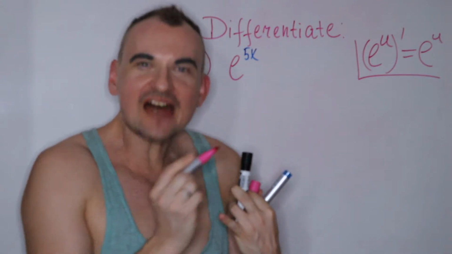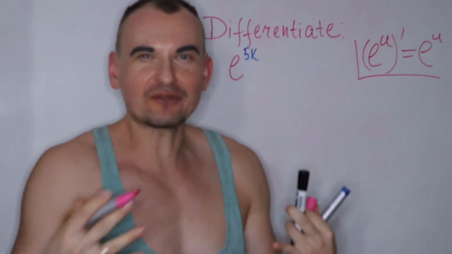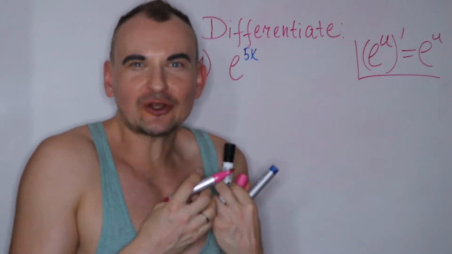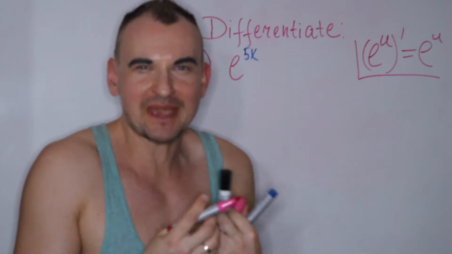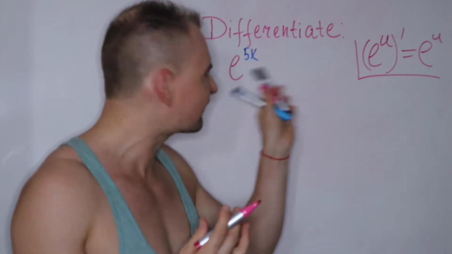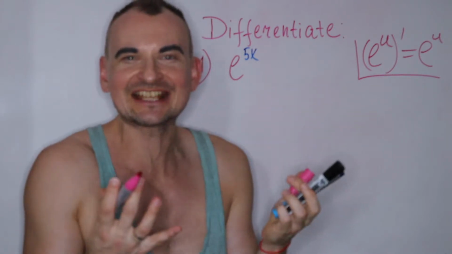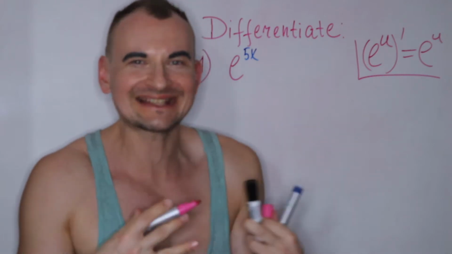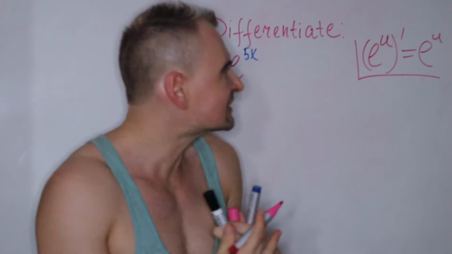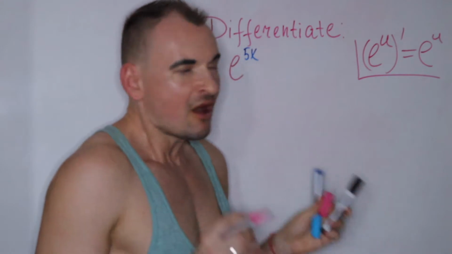It could be another function in terms of x. So it's not only just x. It could be x squared, it could be 5x, it could be 10x, it could be a more complex and complicated function. That's why I'm using u over here.